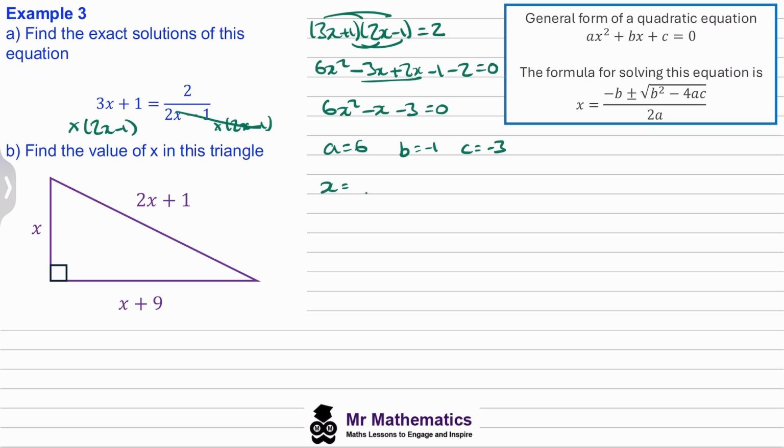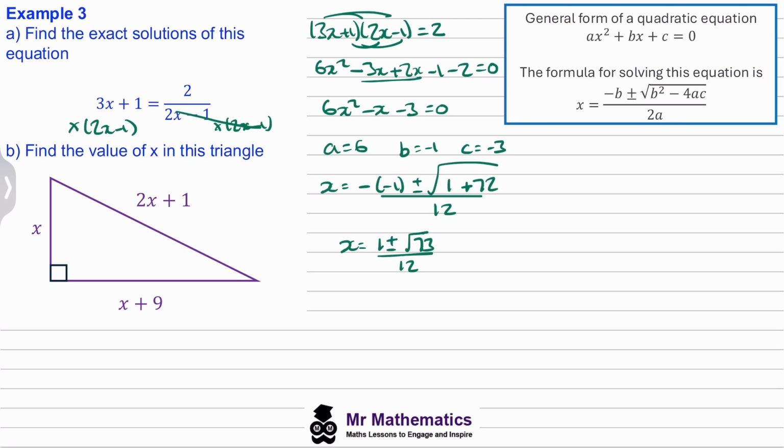So x will equal minus the negative 1 plus or minus the square root of negative 1 squared, which is just 1, minus the 4 times 6 times negative 3, which will give us negative 72. So 1 plus 72 all over 12. So x will equal 1 plus or minus the square root of 73 over 12. How did you get on with that?